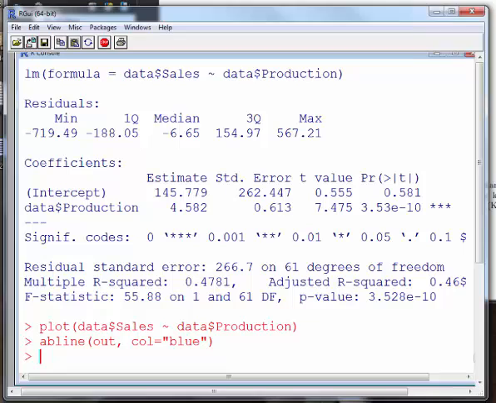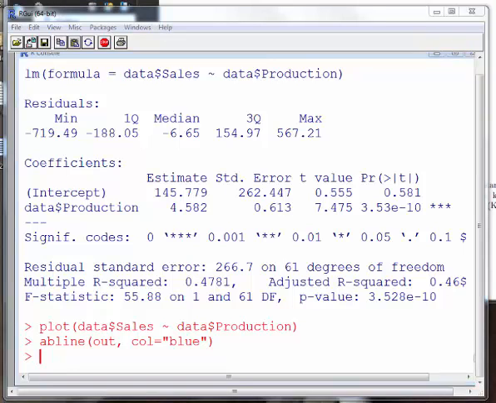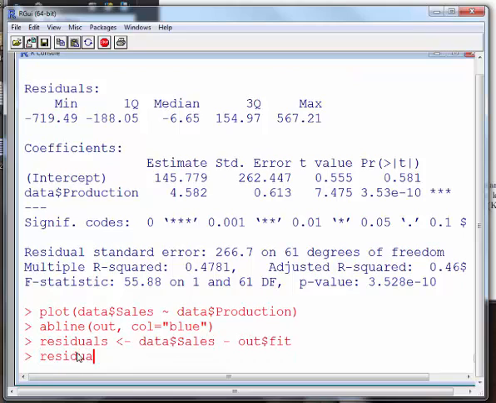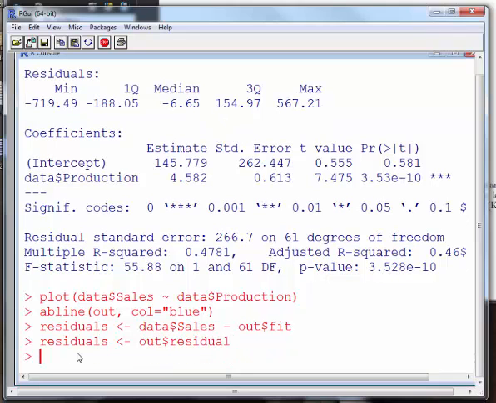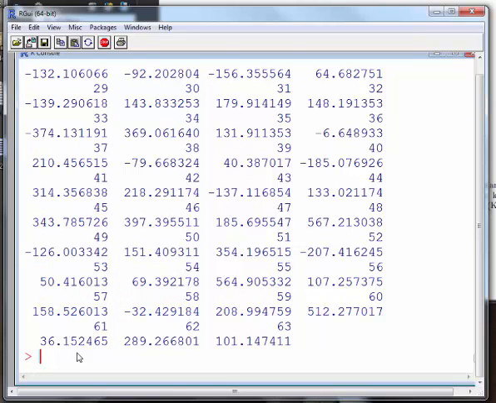I can of course get the residuals. I could do it the old-fashioned way, or just type residuals. Remember, now that I have my output, it's the residual column from output. So there they are.